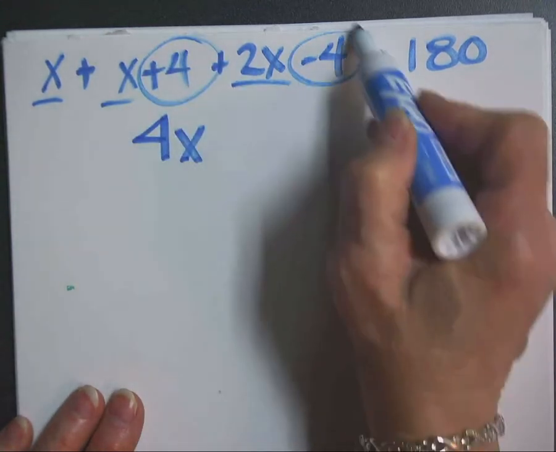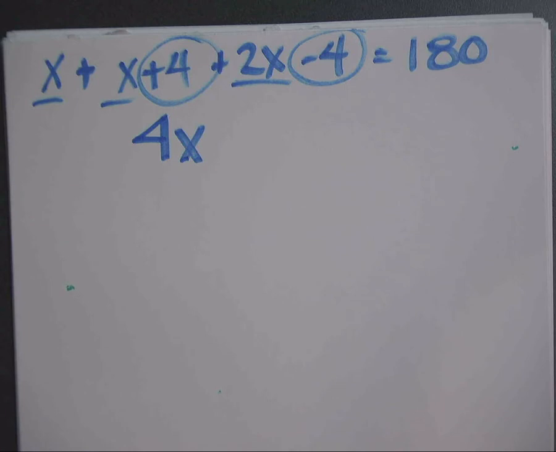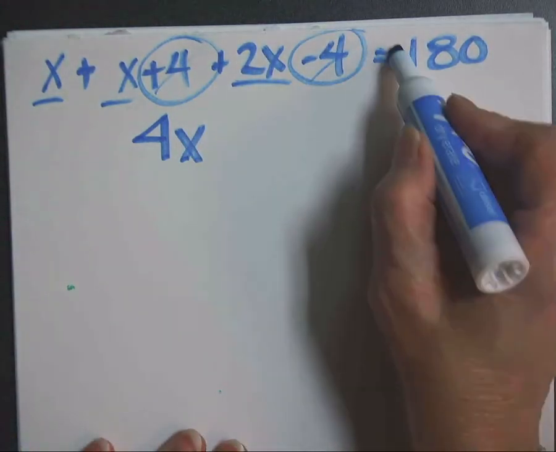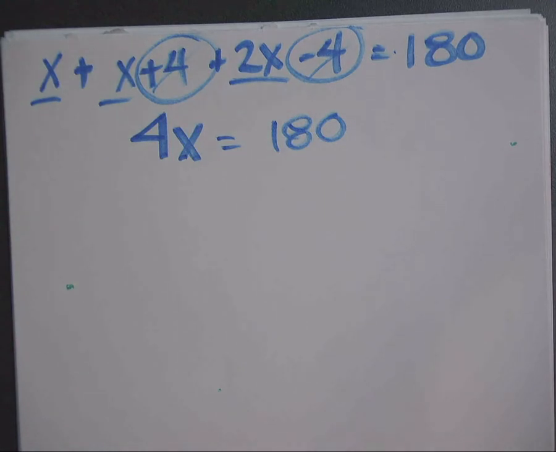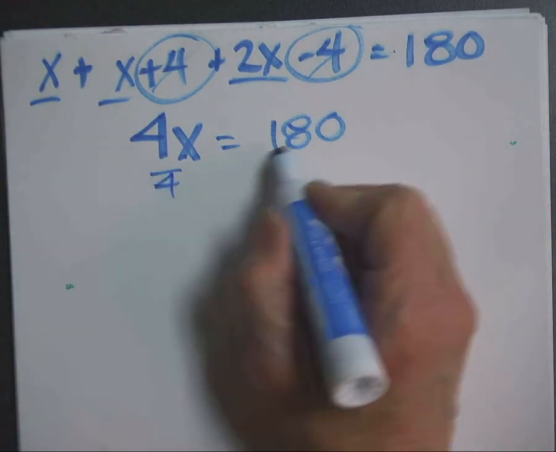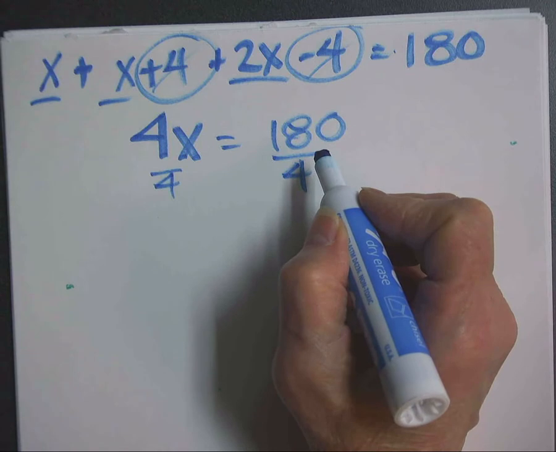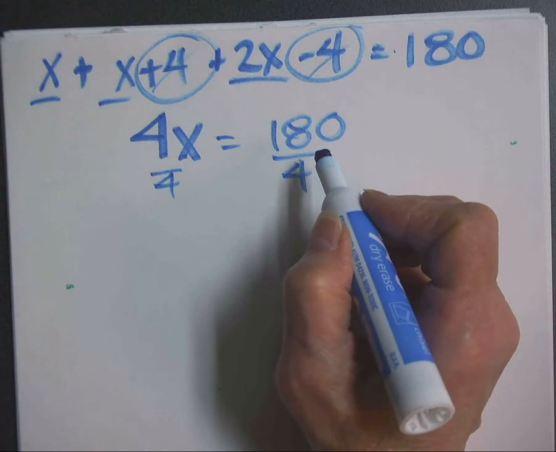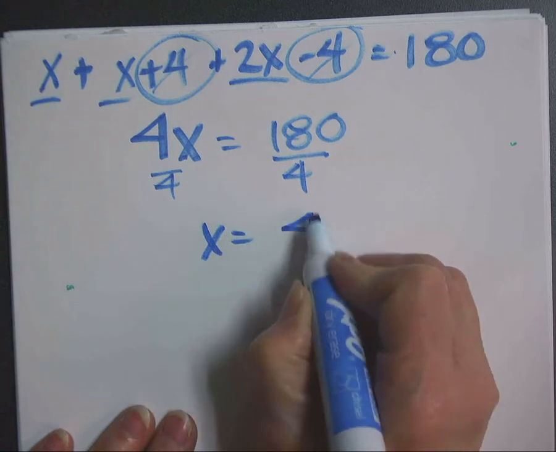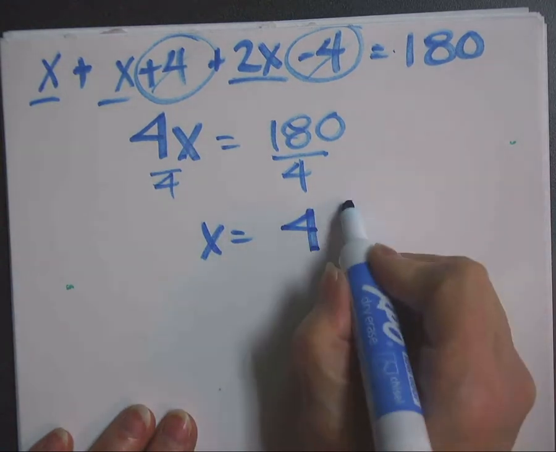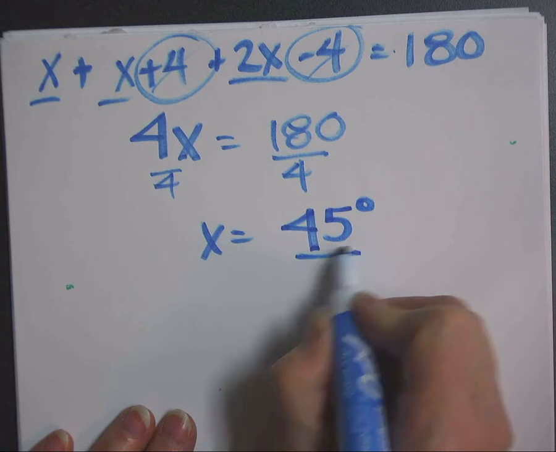This and this, what do they equal? Cancel out. They're zero, so they're gone. So we have equals this. Do that before. Is 45? So that's the first one, right?